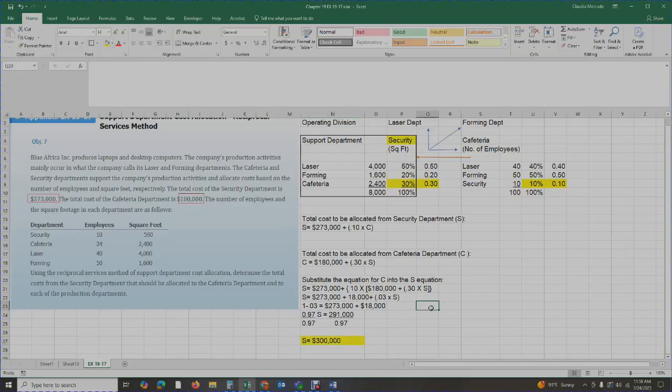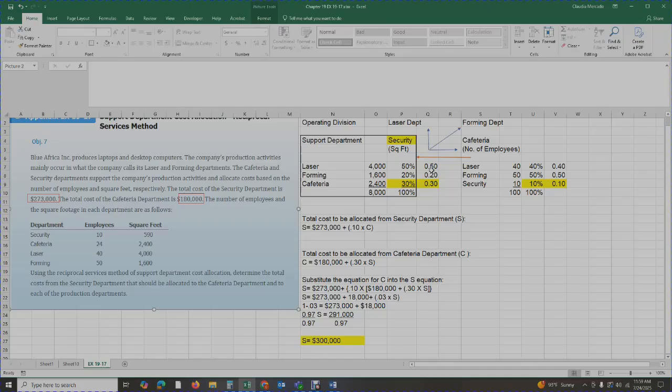Now, why do we do all of this work? Well, we're trying to allocate the security cost to the other three departments, the laser, the forming, and the cafeteria. The original cost for my security department was $273,000. That we knew. But we also knew that a portion of the cafeteria costs was going to get allocated to the security department, and we didn't know what that number was.